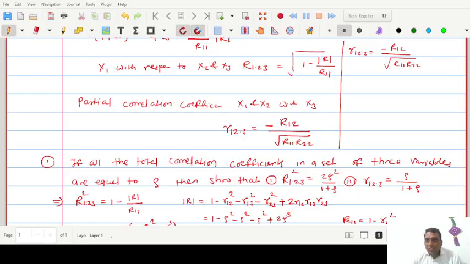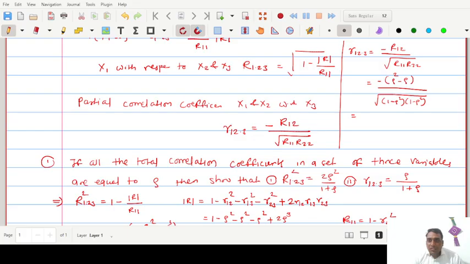By putting in the terms we get minus, in bracket, R12 which is R13 R23, that term is rho square minus rho, divided by under root of 1 minus rho square into 1 minus rho square, the same term.